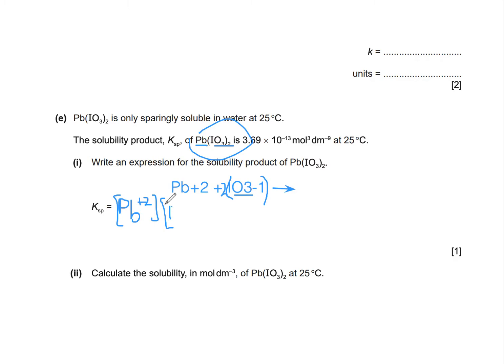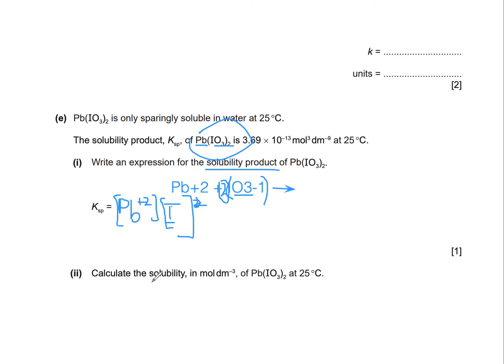I'm just writing I, but you should write IO3 minus 1 completely. And since there's a 2 over here, we raise it to the power of 2. We don't multiply it with 2, we raise it to the power of 2. So this is the expression for the solubility product.